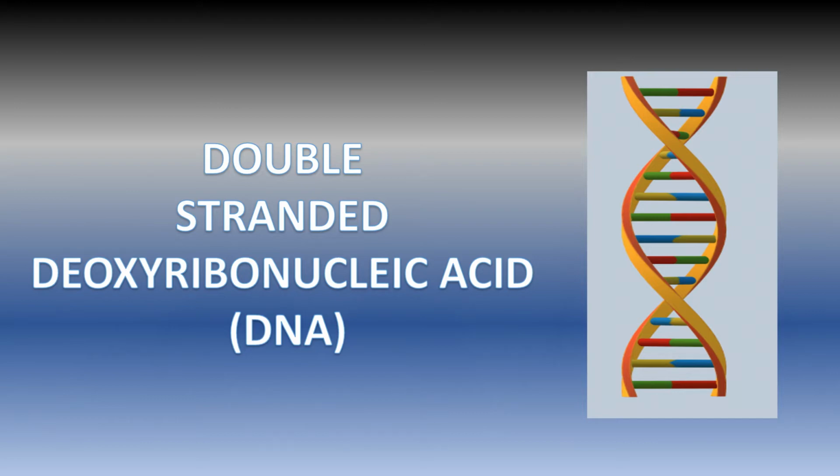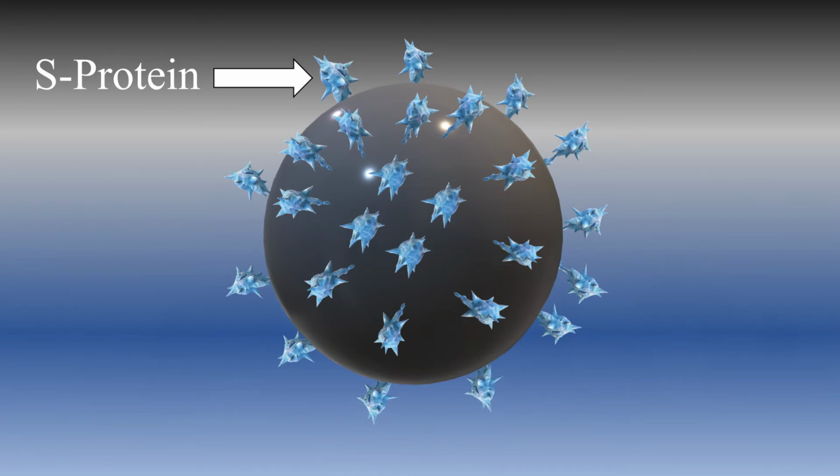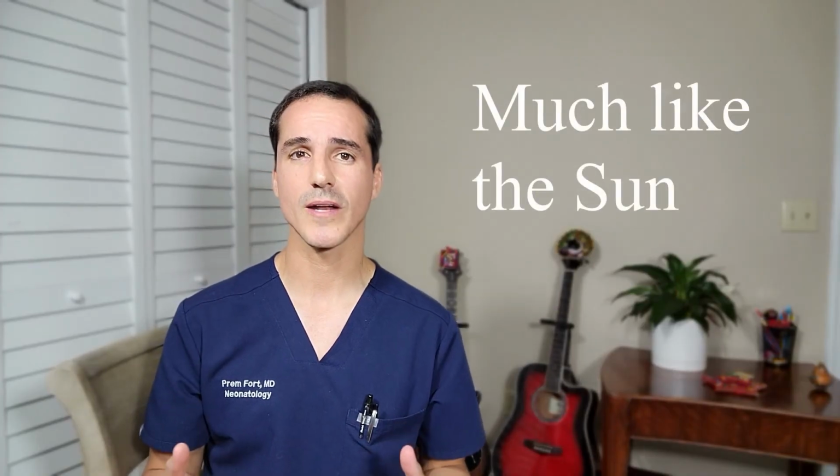There are two sides, and they form the helical complex that you've seen on TV and studied in school. This single-stranded RNA is surrounded, or encapsulated, by a membrane that's spherical in shape. There are spikes, or S proteins, that radiate around this spherical structure. It gives it the look of a crown, therefore the name corona.